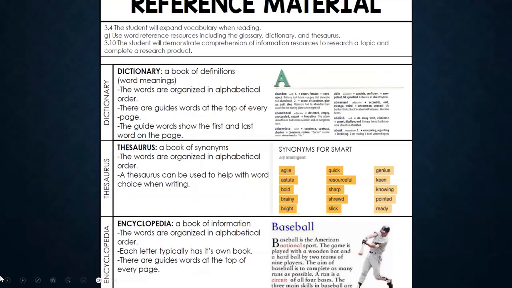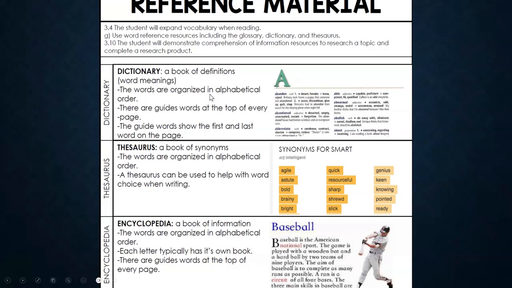Now, reference materials are different ways to look up information. A dictionary is a book of word meanings, like you can see what abandon and abandoned, an abbreviation. It always tells the part of speech, like abandon is a verb, okay? And it tells you what these different words mean, also with a bolded word.